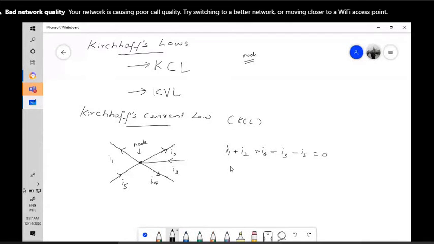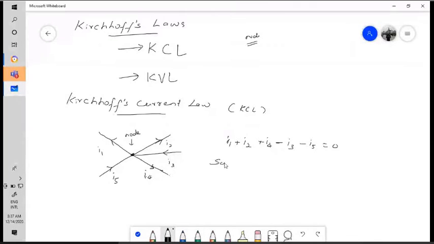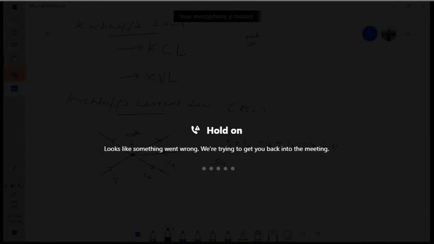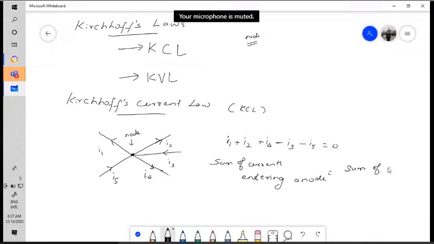Or in other words, I can say the sum of currents entering the node is equal to the sum of currents leaving the node.